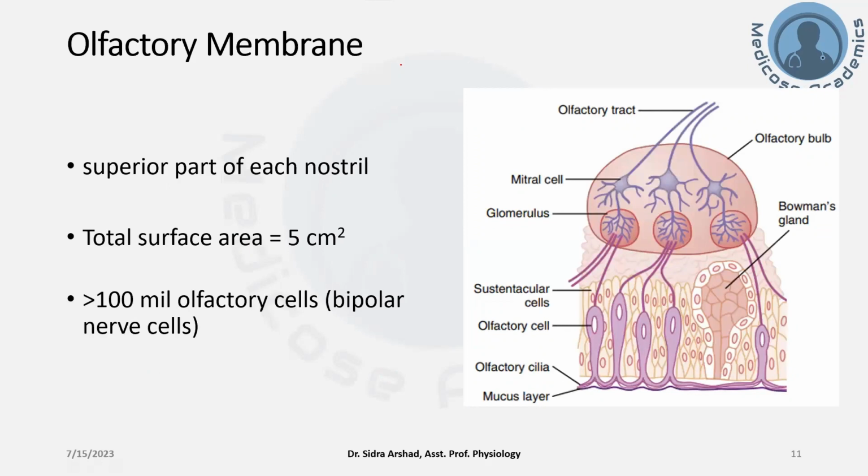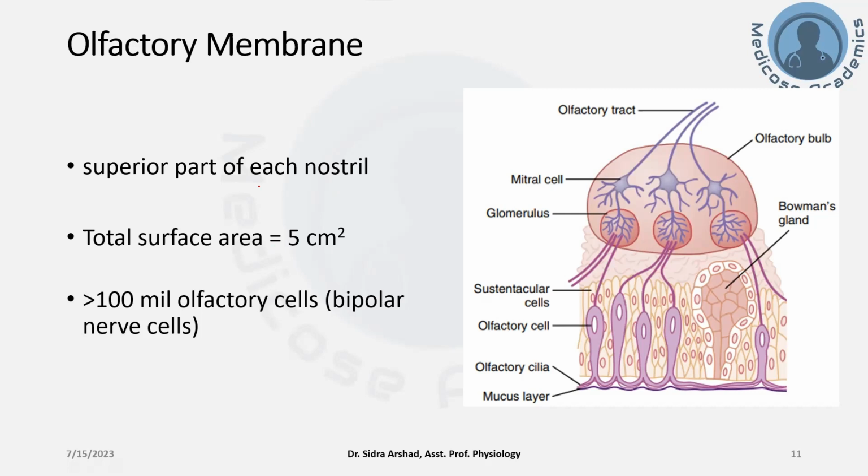Let's look at the olfactory membrane. The olfactory membrane is that specialized region of the nose which is involved in the detection of these odorant molecules. It is found in the superior part of each nostril.